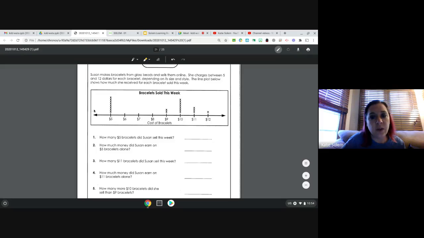So what it's doing is she kept track of how many $5 bracelets did she sell? 6, 7, 8, 9, 10, 11, 12. So if I'm looking at this and the first one says, how many $5 bracelets did she sell this week? To figure that out, I just need to count the X's. 1, 2, 3, 4, 5, 6, 7, 8.